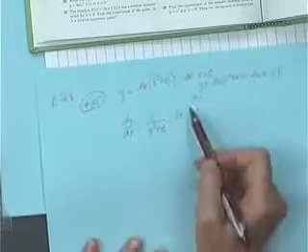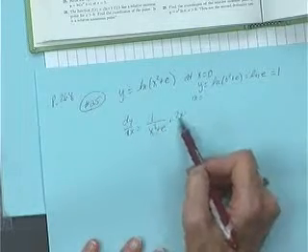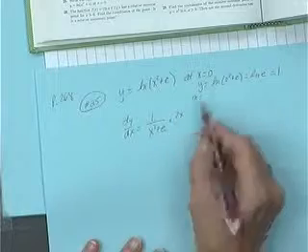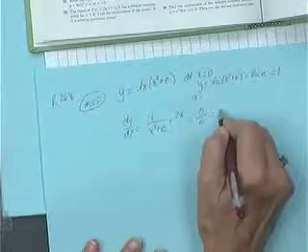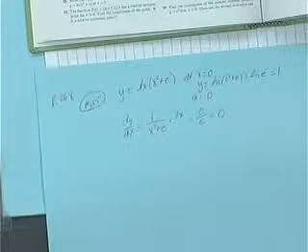Don't forget, chain rule: 1 over the function times the derivative of the function. When x is equal to 0, I'm going to get 0 over e, which is equal to 0. So the slope is 0. What kind of line has the slope 0?